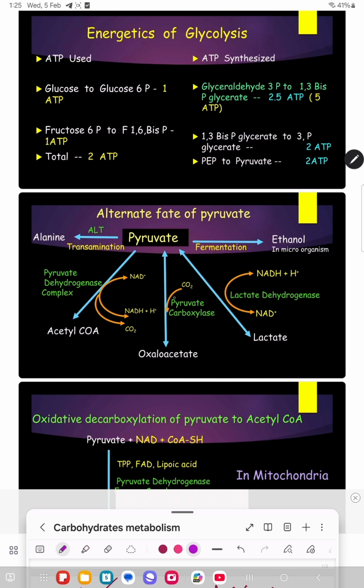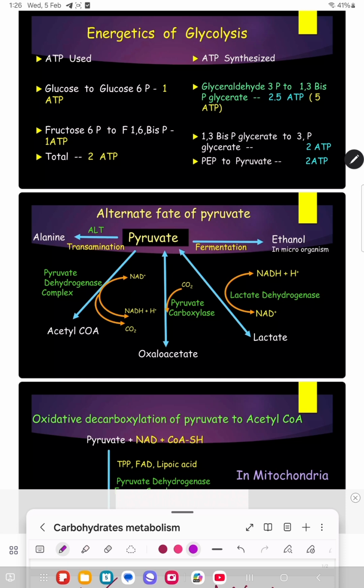Here you are watching the reversible step, where pyruvate is converted into oxaloacetate, and oxaloacetate is reversibly converted into pyruvate with the help of pyruvate carboxylase enzyme. And here you can see there is use of carbon dioxide. This is very important to remember, what enzymes are involved, and what other factors are also involved.